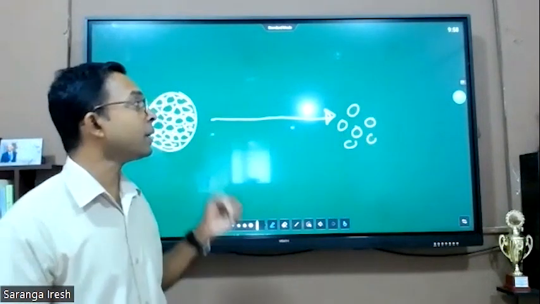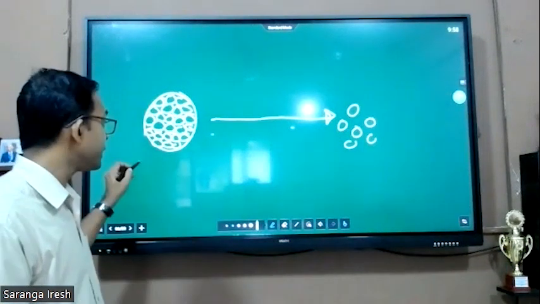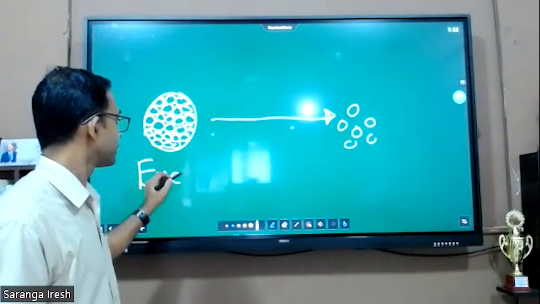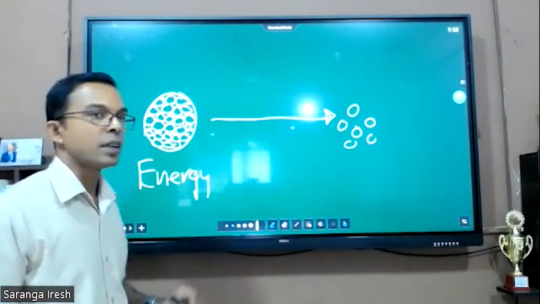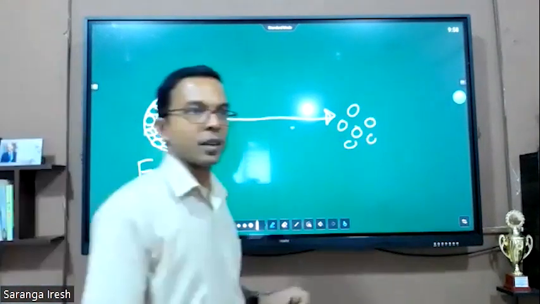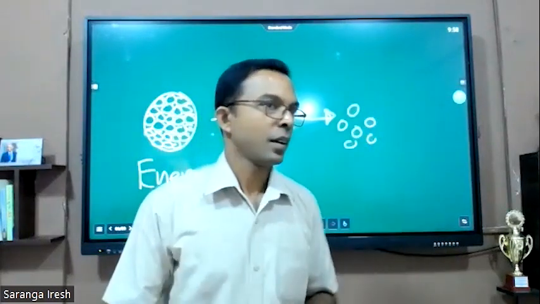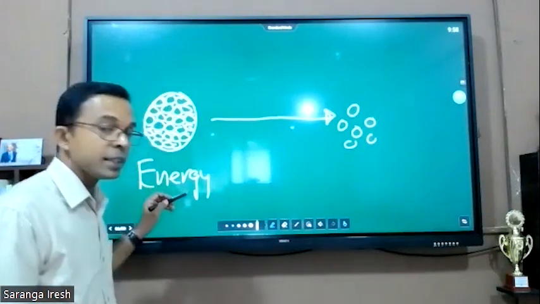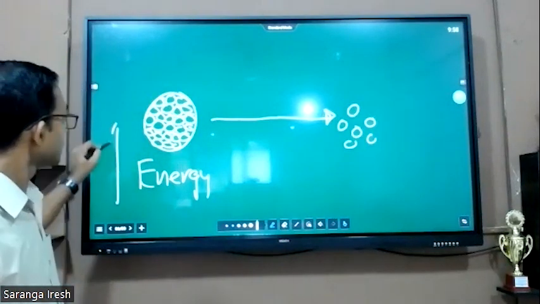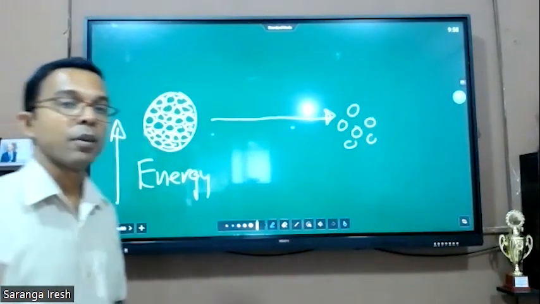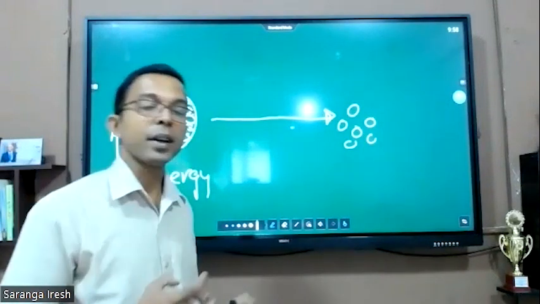To break the bonds in this large molecule, it requires energy. Using energy, the bonds will break. This is a very huge amount of energy that is needed.